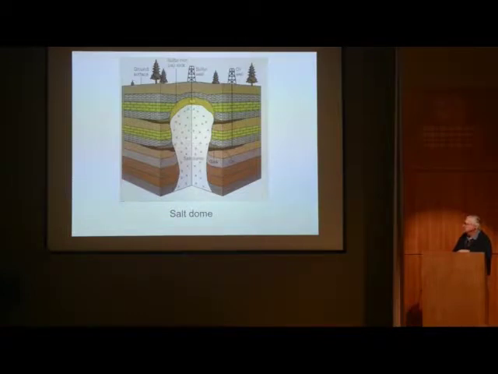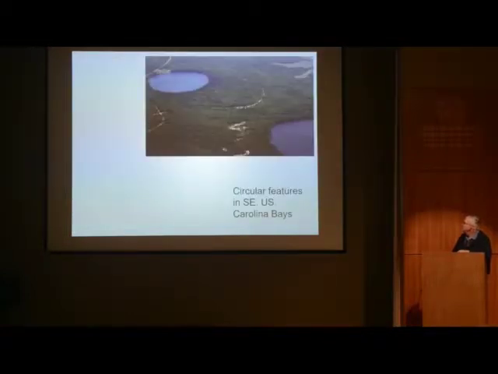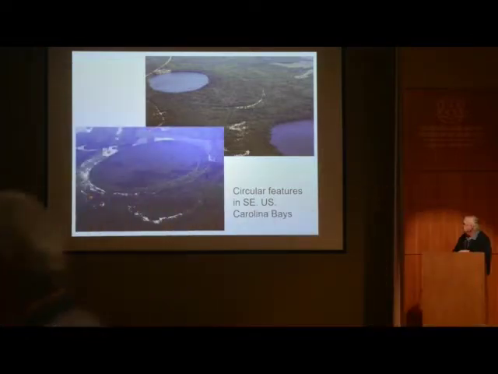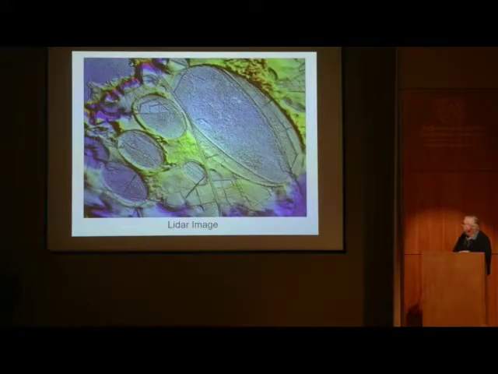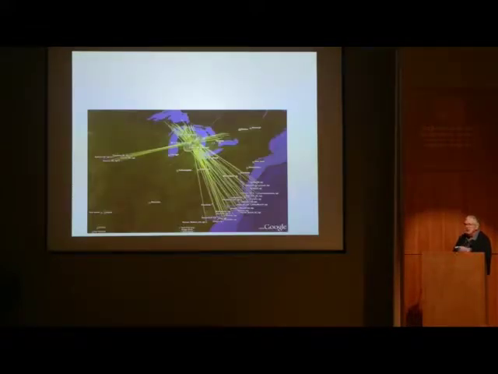This can be caused by salt. I mentioned the Carolina Bays in the southeastern United States, interesting circular features that have defied explanation. It's interesting to drive around the southeast and look for these things, or go to Google Maps. They're very plain, very easily visible.